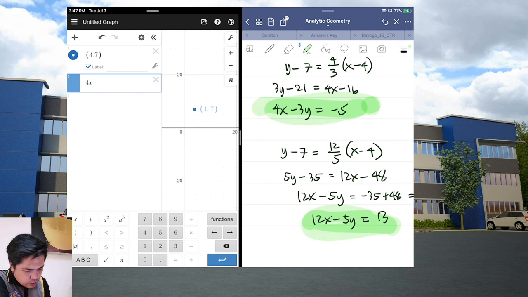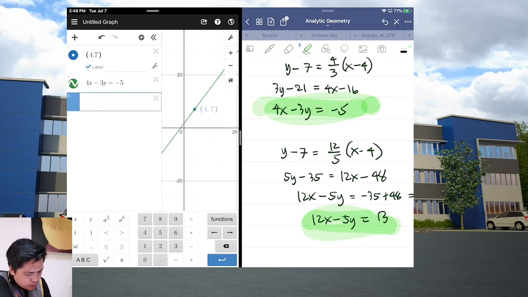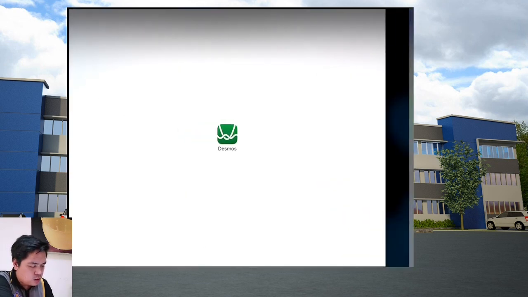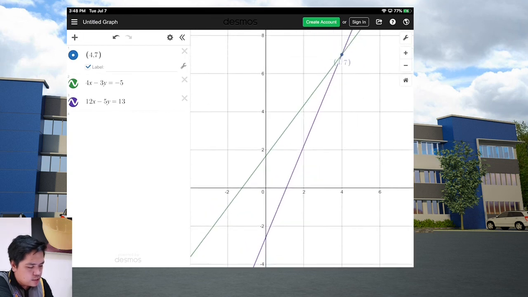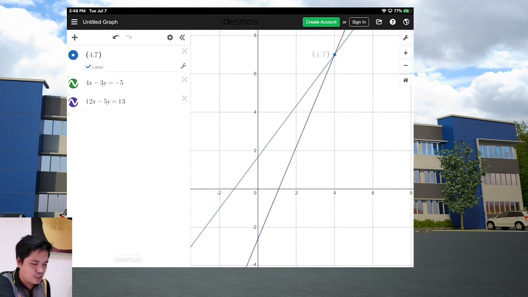The line 4x minus 3y equals negative 5 precisely passes through the given point. And 12x minus 5y equals 13. So, these are the answers. Both of these lines have a distance of 1 unit from the origin.